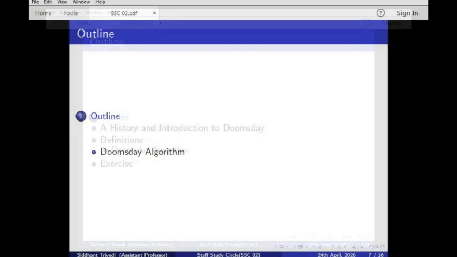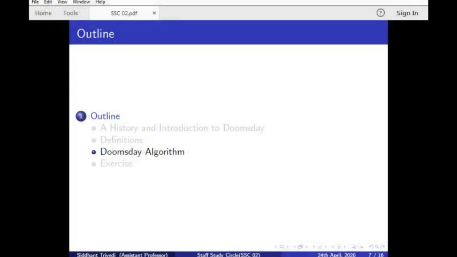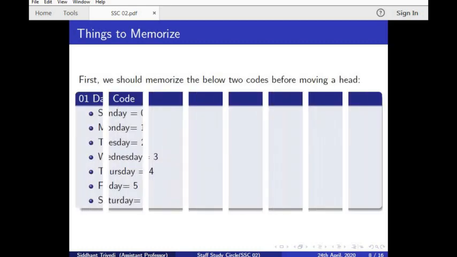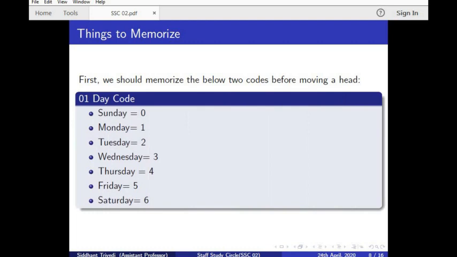To learn the Doomsday algorithm, we are supposed to remember two codes. 01, which represents the days of the week.